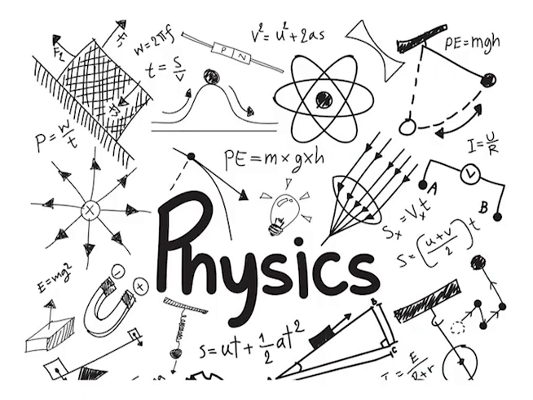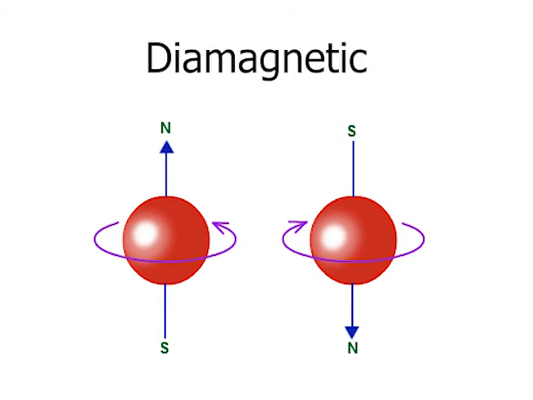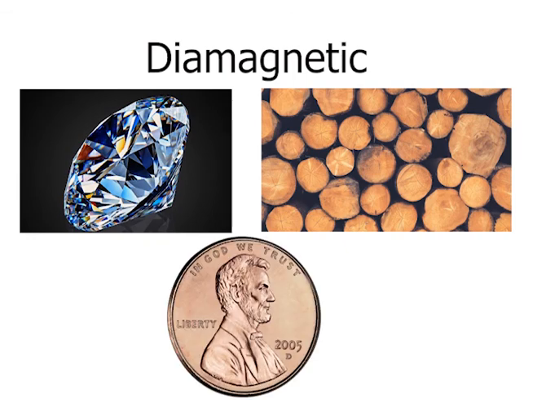One physics concept, which is explained by these quantum numbers, is magnetism. An atomic orbital with paired electrons is called diamagnetic and has no specific magnetic properties. These kinds of orbitals can be in anything that isn't attracted or repulsed by a magnet, like diamonds, wood, or copper.